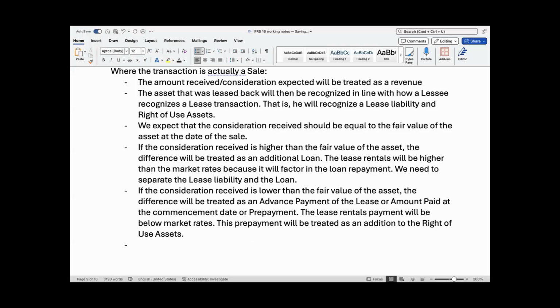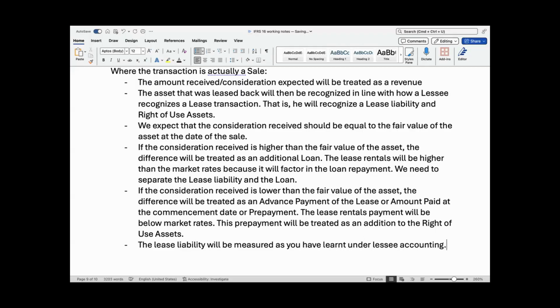So for this now, the lease liability will be measured as you have learned under lessee accounting.